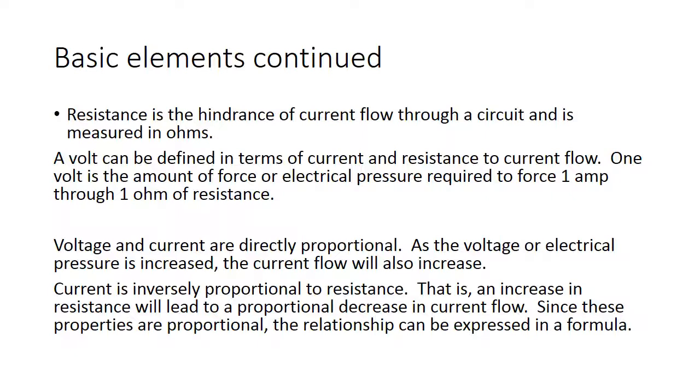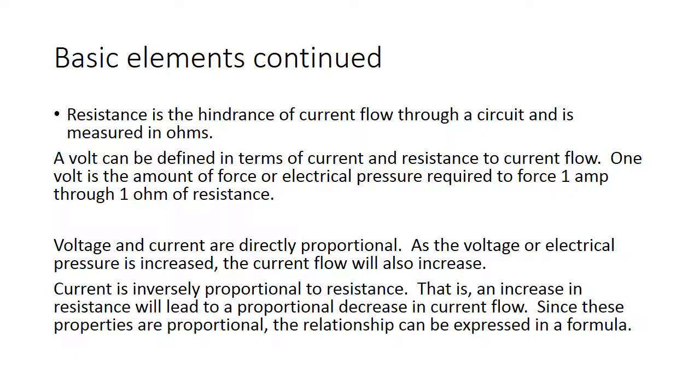Now you may have noticed already that all of these properties are interrelated. So for example, if you increase the voltage, you're going to also increase the current because these two are directly proportional. So if you increase the voltage or the electrical pressure, then the current will also increase. Related to that, the current is inversely proportional to resistance.